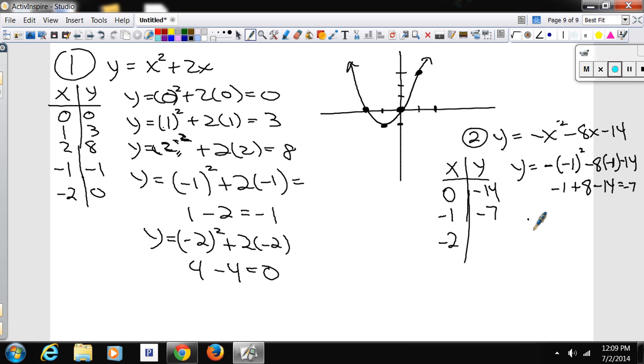So y equals negative parentheses negative 2 squared minus 8 times negative 2 minus 14. So you're going to get negative 4 plus 16 minus 14. So that's going to give us a negative 2 result. That you can graph. So put that point on your graph, negative 2, negative 2.